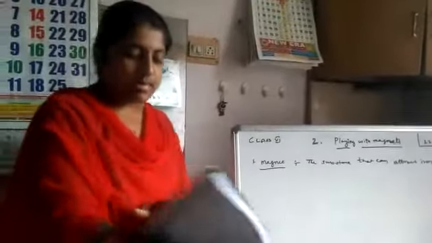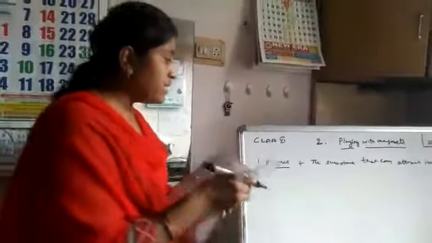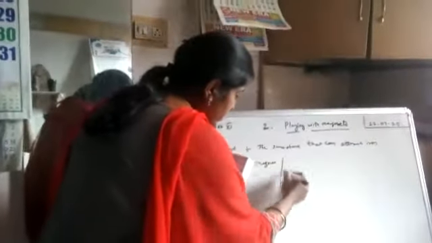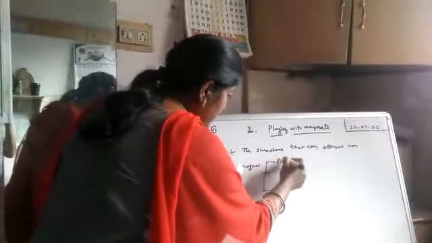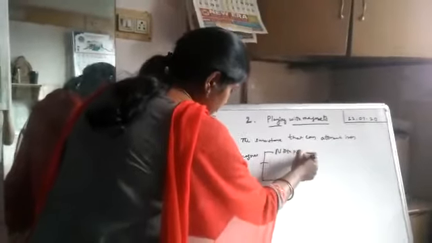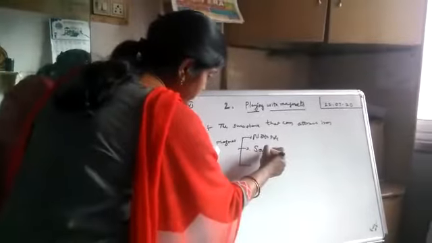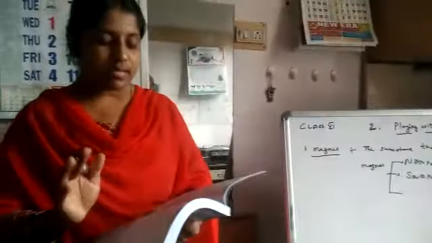Okay, understood? See this. Magnets are two types. First one is the north pole and the second one is the south pole.